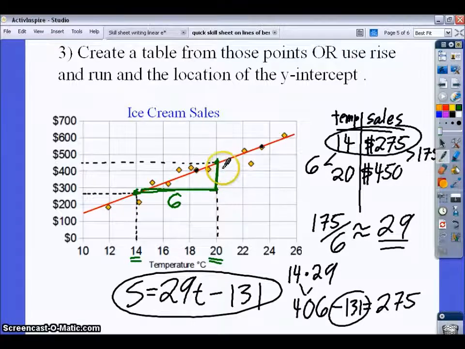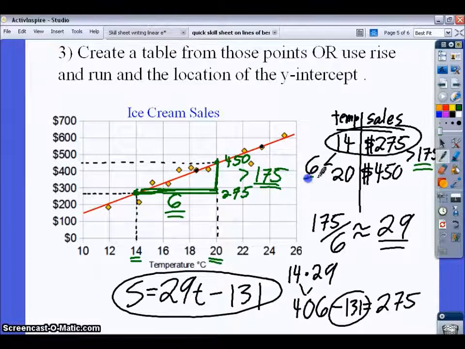But it's not, because each of these blocks, oh, sorry, I'm actually right here. I was a little sloppy with my drawing. So from here to here, I'm going from 275 up to 450, which means my difference is 175. And you can see that my rise and run is 175 and 6, which is what I got over here for my y difference and x difference.